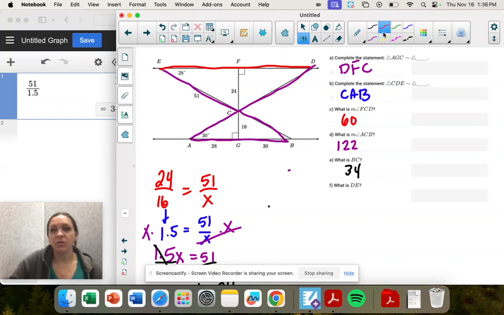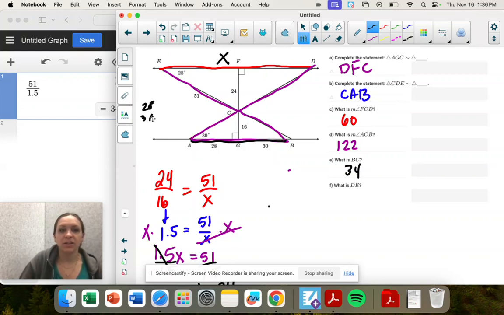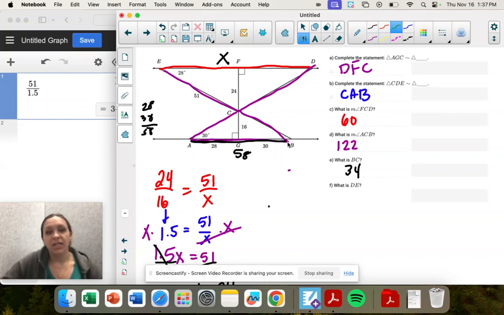So if I want to find this whole side length, I need to use this whole side length, which is 28 plus 30, 58. This whole side length is 58. Those are corresponding sides. So I need another corresponding side, which I just found, right? This is 34. And that corresponds with 51 because that's my 28-degree angle.